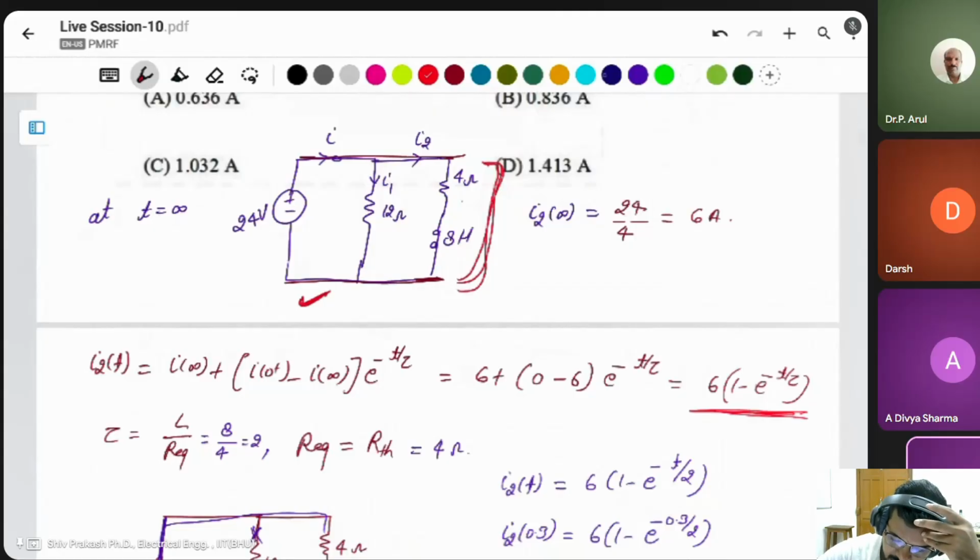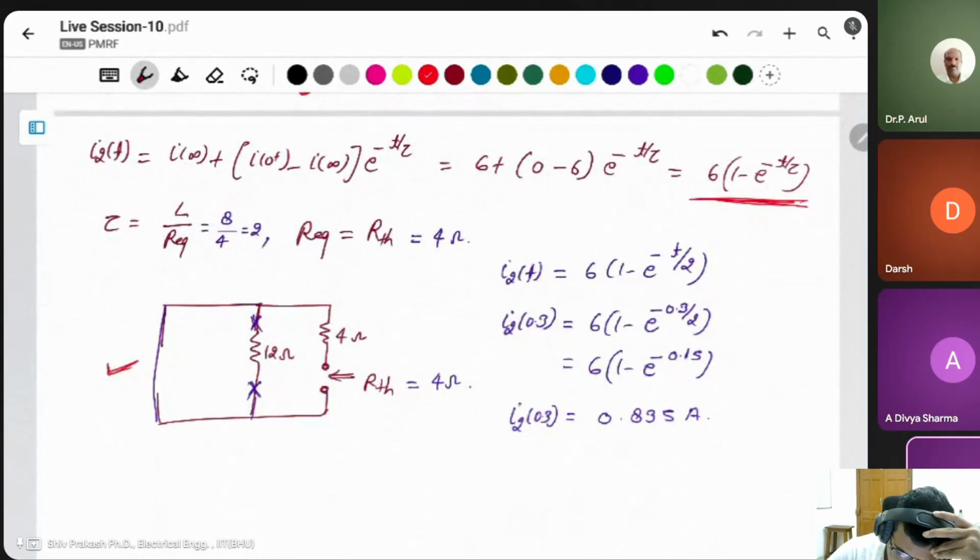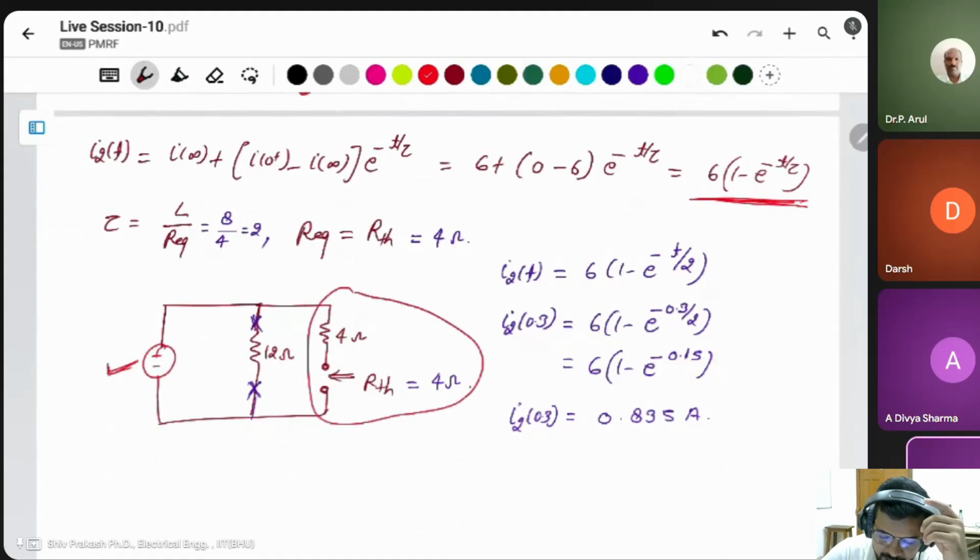Then you can see, suppose there is a source, then this branch is independent of this one. It means how much current is flowing through this branch does not affect this branch, because both are connected in parallel.